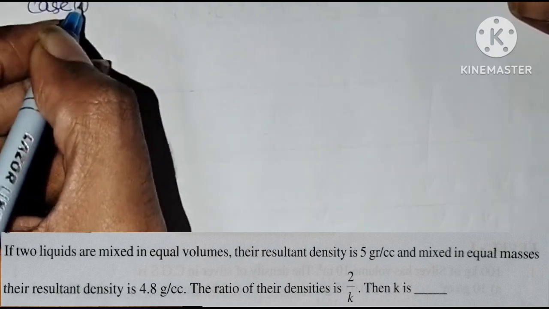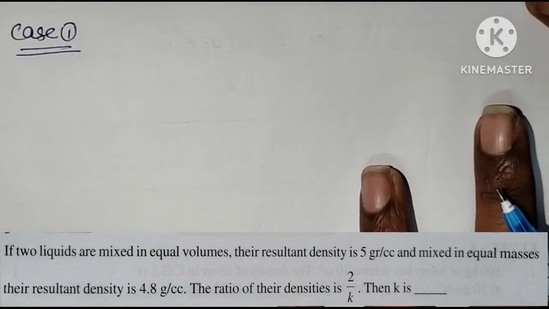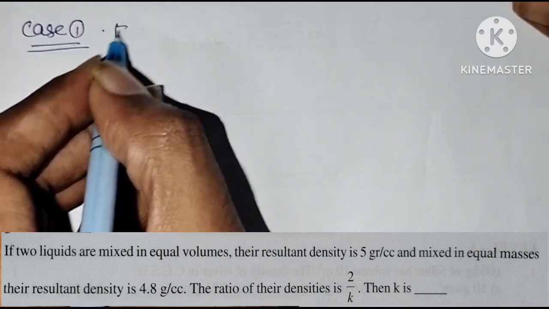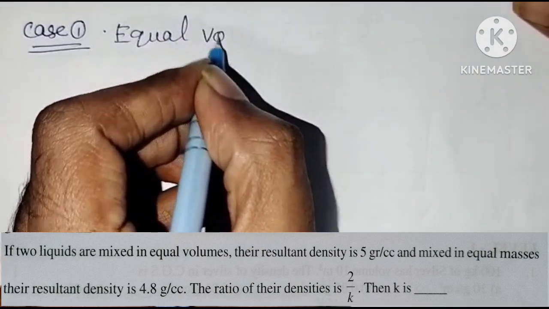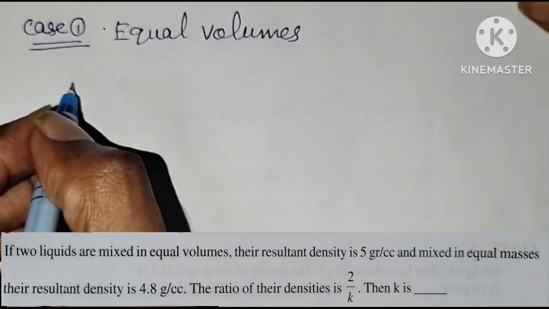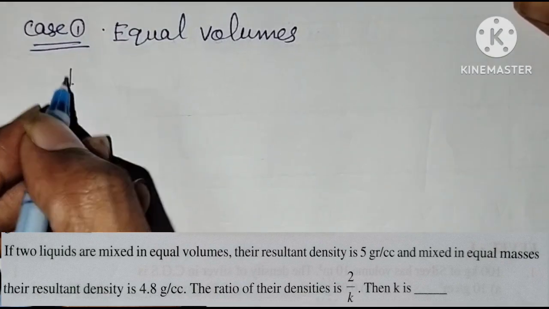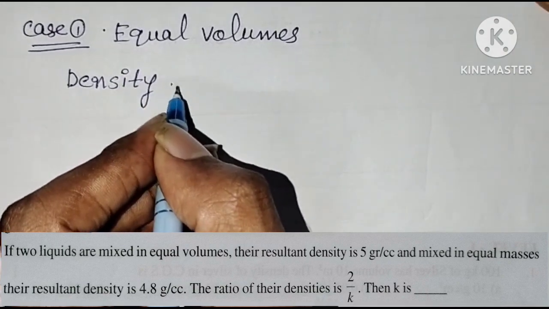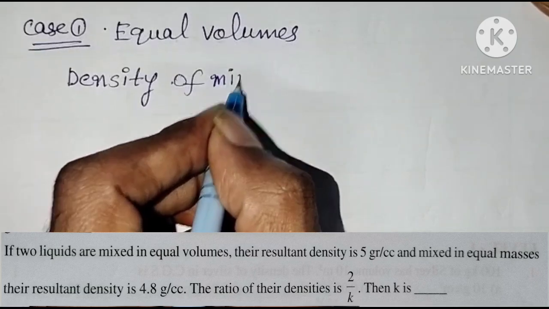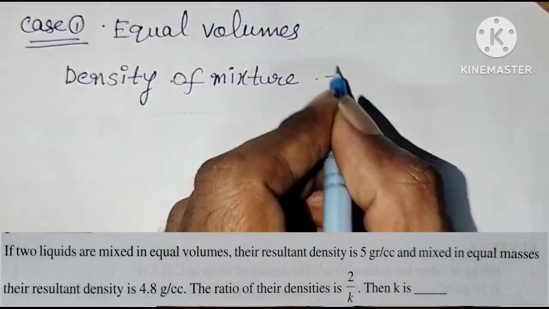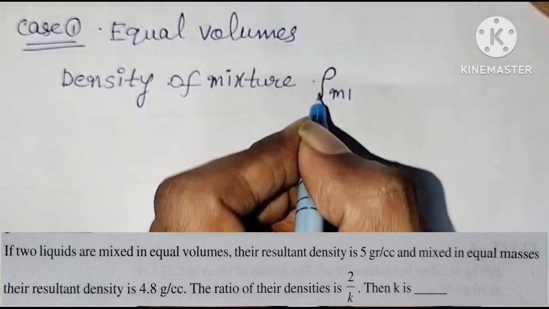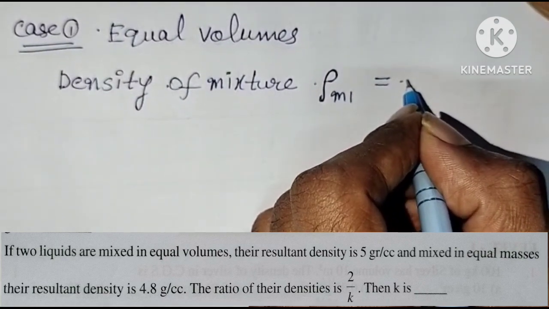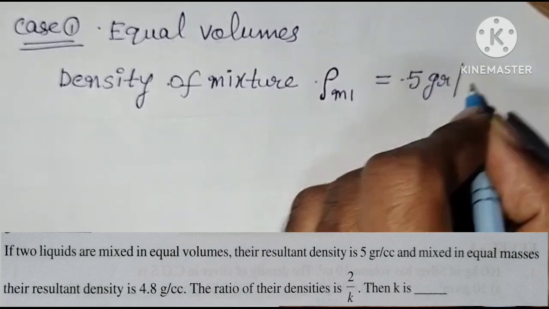Initially they are mixed in case 1. So there are two liquids. If they are mixed in equal volumes, then the density of the mixture, let us say rho m1, is equal to 5 gram per cc.